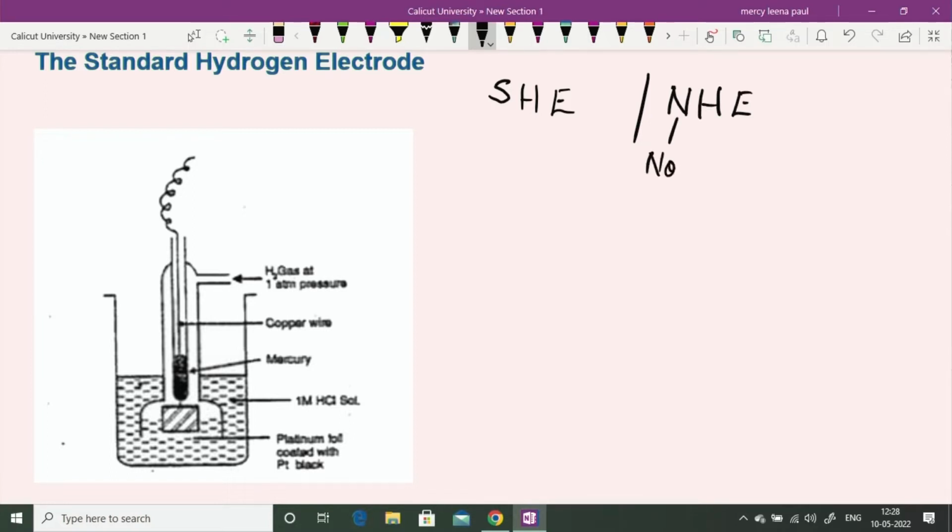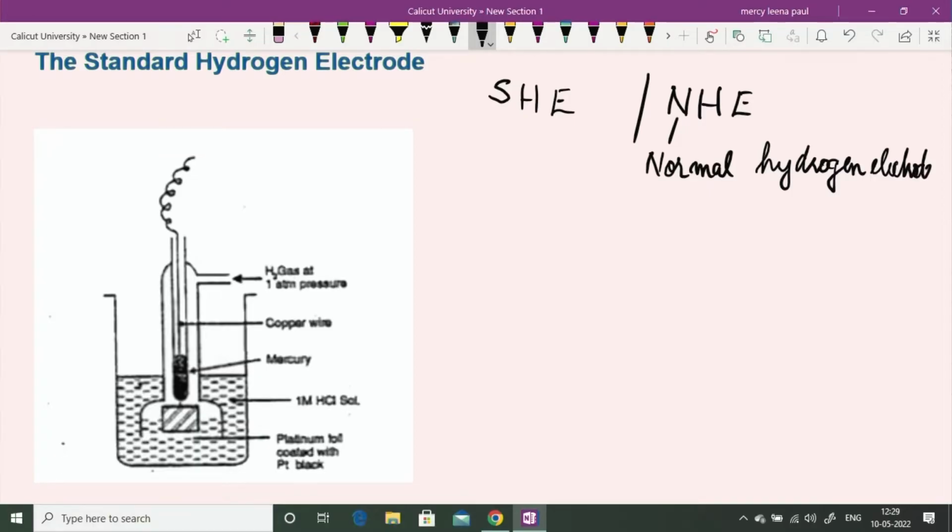Instead of standard, we say normal hydrogen electrode; both are the same. So, this is a picture showing how a standard hydrogen electrode or normal hydrogen electrode is set up. Now, why do we need this?